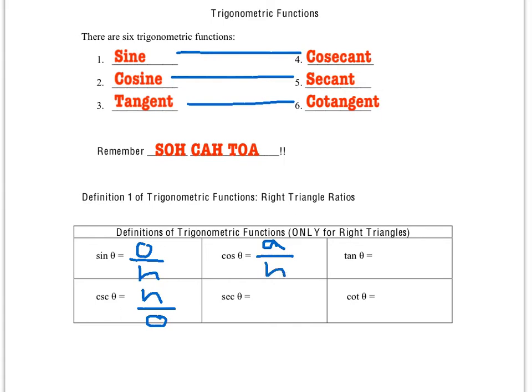Again, secant is the reciprocal of cosine, so secant's going to be hypotenuse over adjacent. And then we have tan, which goes with the TOA part of SOHCAHTOA, is going to be opposite over adjacent, so cotangent's going to be adjacent over opposite.